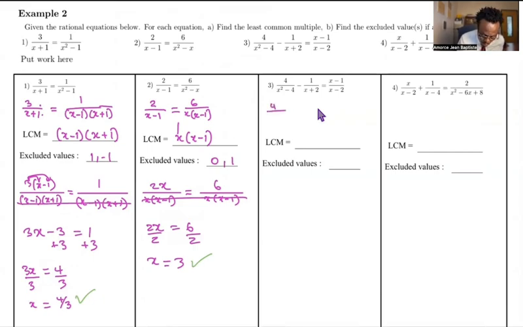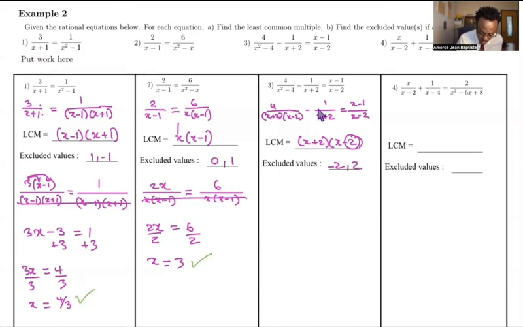So 4 over x plus 2 times x minus 2, minus 1 over x plus 2, equals x minus 1 over x minus 2. The least common multiple would be x plus 2 times x minus 2. Excluded values for this one will be -2, and for this one will be +2.